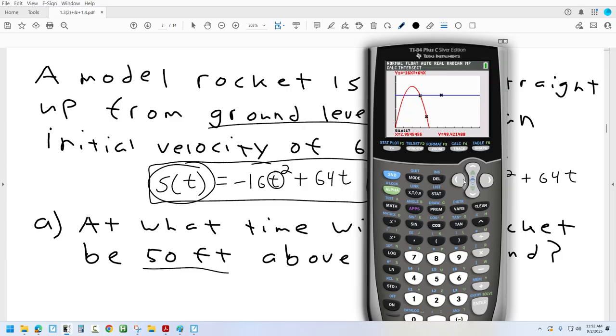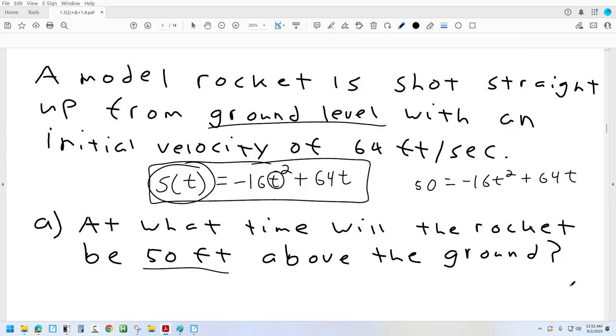If you guys can move your cursor closer to the one on the left, we can also get that one. Okay, so you move it closer to the left, and I'll keep mine closer to the right. Once I have my guess where I want it, hit enter. And on the way back down, my object hits 50 feet at 2.94 seconds. That's on the way back down.